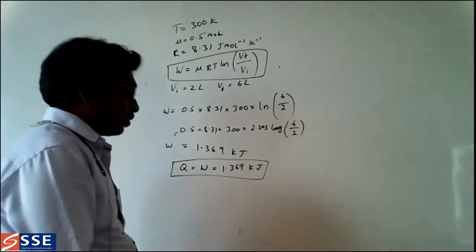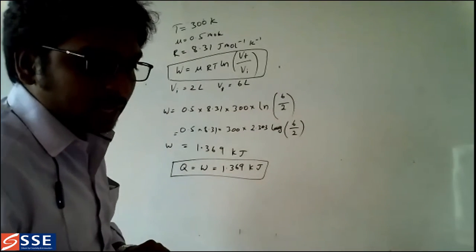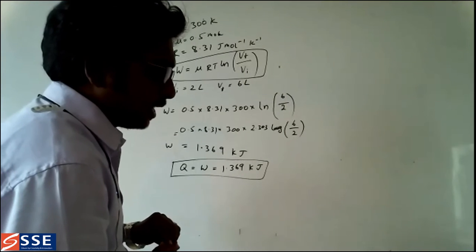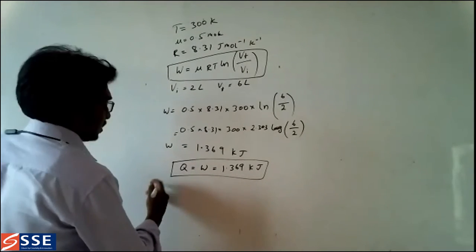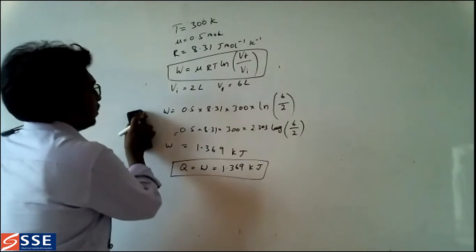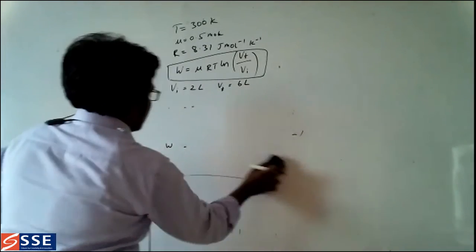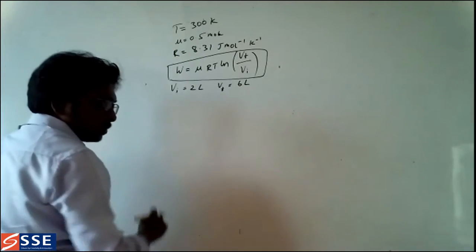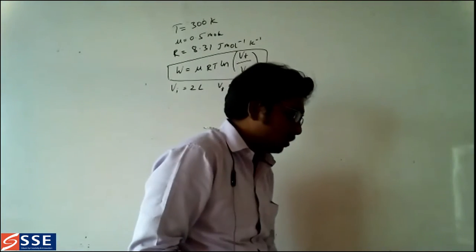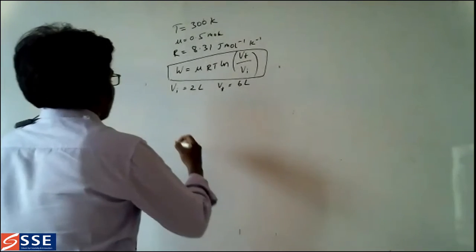So C is, what is the final pressure of the gas? What is the final pressure? So shall I wrap? They are asking what is the final pressure. Did they give the data for pressure? No. So how do we have to solve?